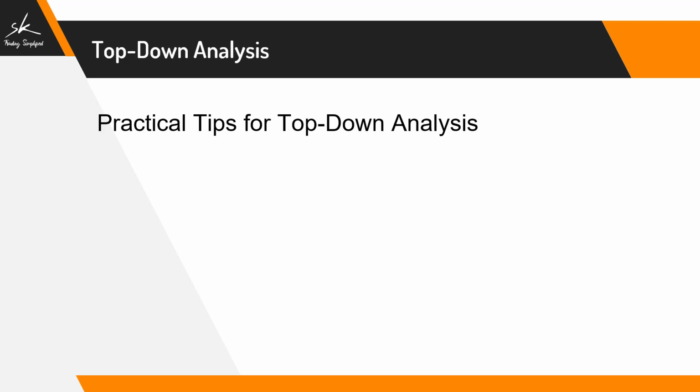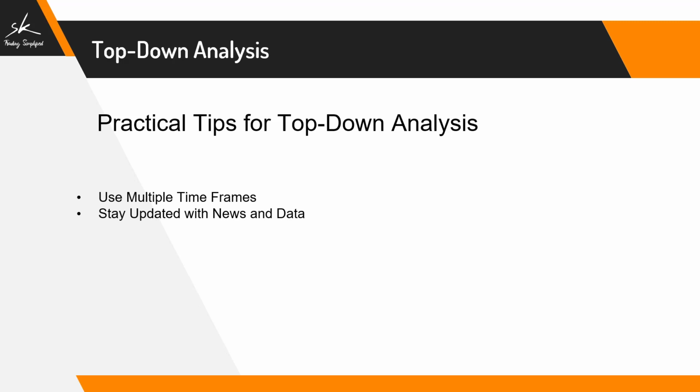To wrap up, let's go through some practical tips to help you implement top-down analysis effectively. Analyze the market using multiple time frames to gain a comprehensive understanding of the trends. This helps you identify short-term, intermediate, and long-term market dynamics.